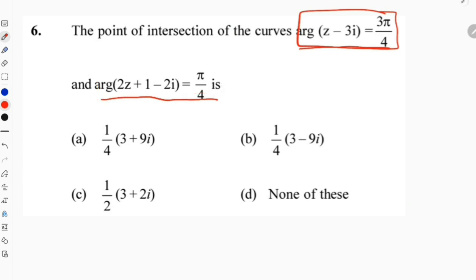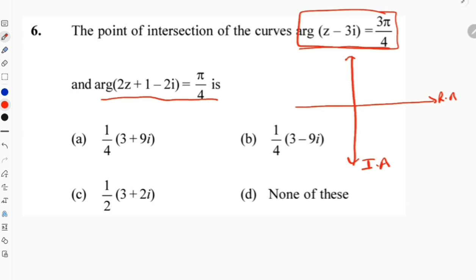Before we attend to this question, we should know the meaning of the argument of a complex number. Consider the real axis and the imaginary axis.